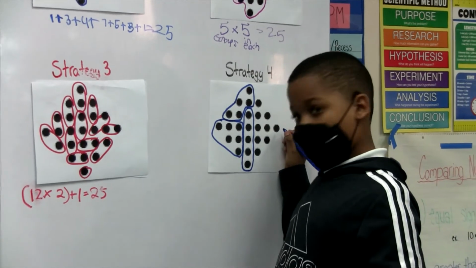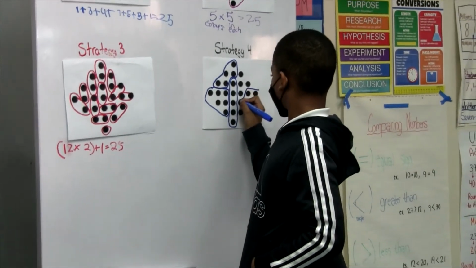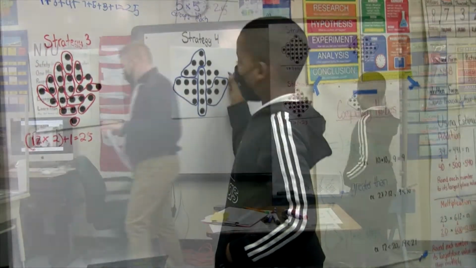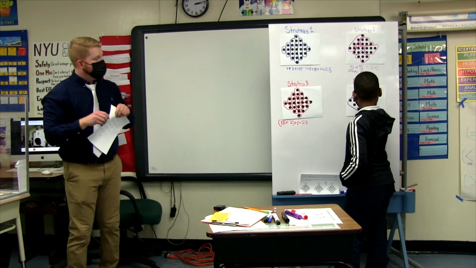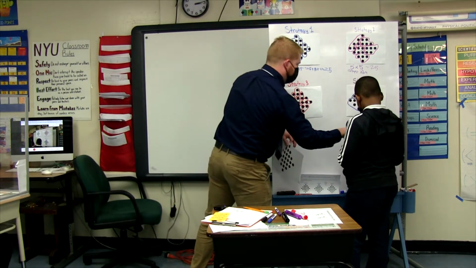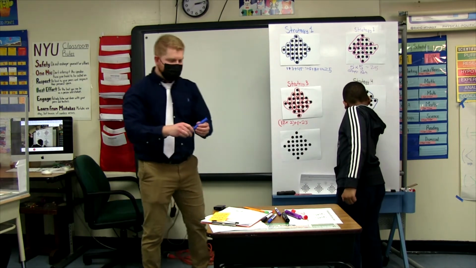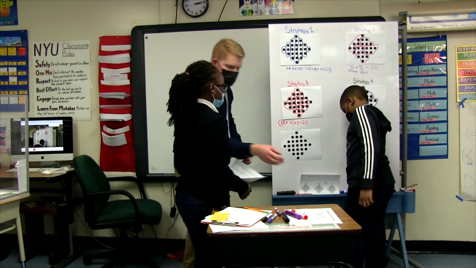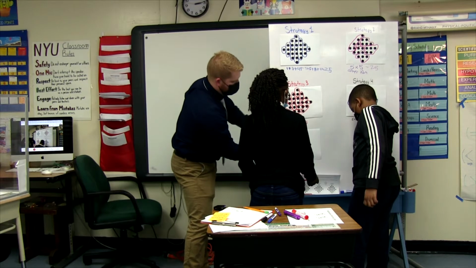Umu's agreed to give you a bonus strategy. All right, you can write the equation with this marker. Thank you. And Umu, come on up. Can you circle how you grouped using this one? Okay.